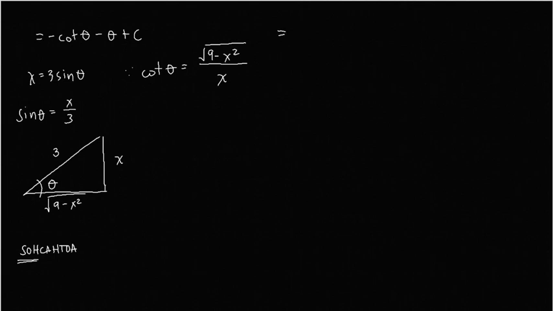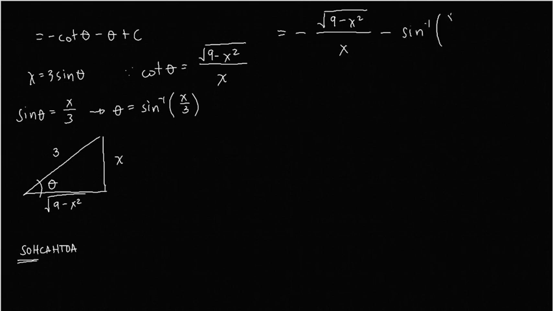So if we substitute, we have negative cotangent of theta, which is the square root of 9 minus x squared over x, minus the value of theta here, simply what? If you take the inverse sine of this function, so this is inverse sine of x over 3, so let us substitute it here. So this is plus c. Okay, so that will be the answer for this problem.